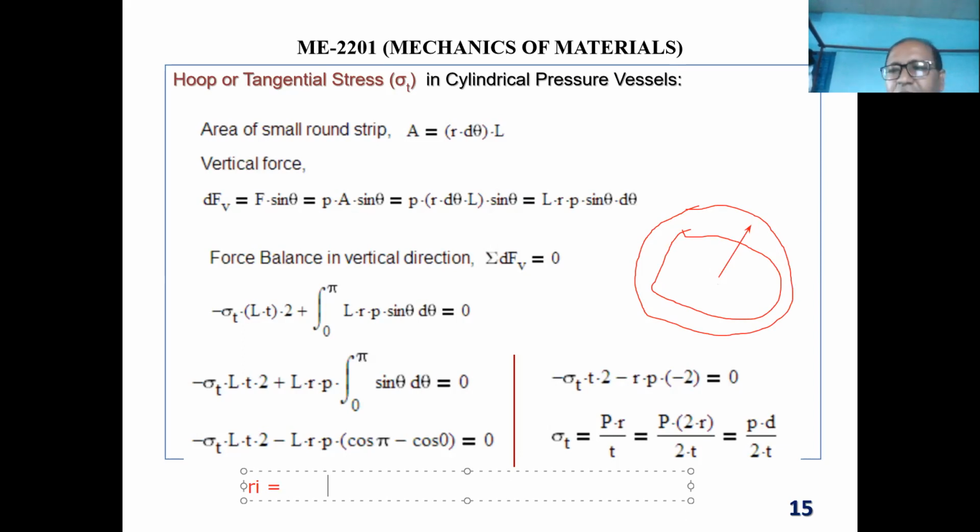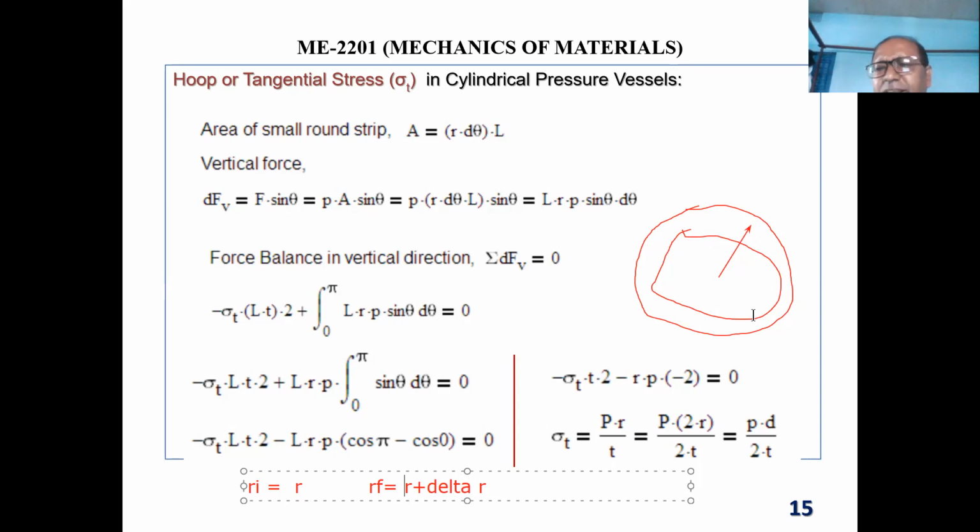It will increase a little bit, right? So the final radius Rf equals R plus delta R, and the initial radius is R.